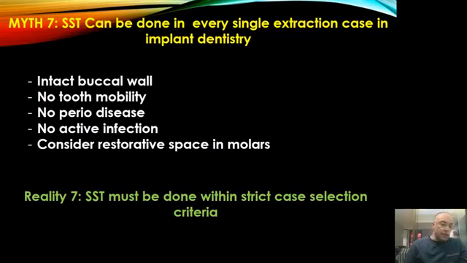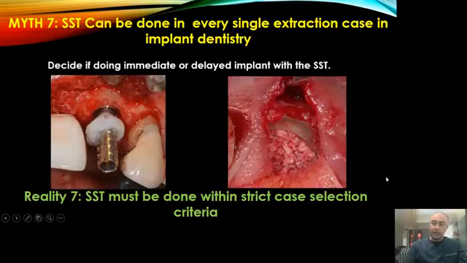I've tried several. I always have this big question about how to do the buccal restorative space with two big roots in the buccal. So we need to choose our cases wisely in the socket shield technique.